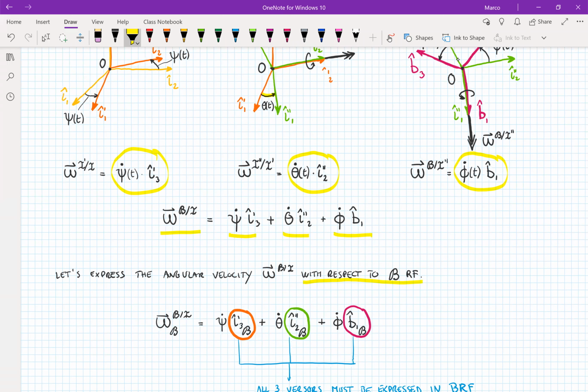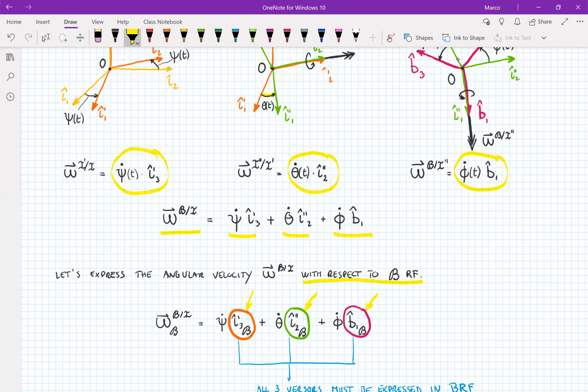So in other words, let's use the body reference frame to write down the coordinates for these vectors. In order to do so, we have to express all the vectors with respect to the body frame of reference. In particular, we have I3 prime that has to be written in the body frame of reference. Then we have I2 double prime, and then B1.